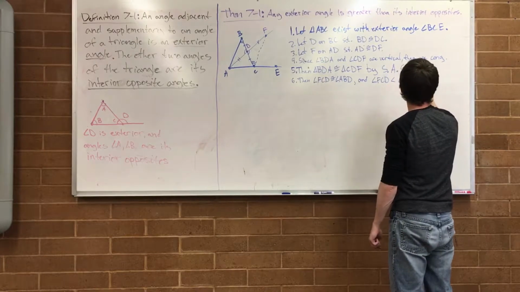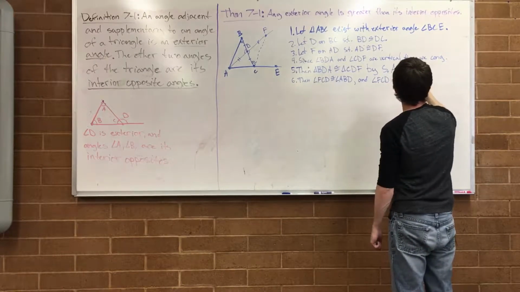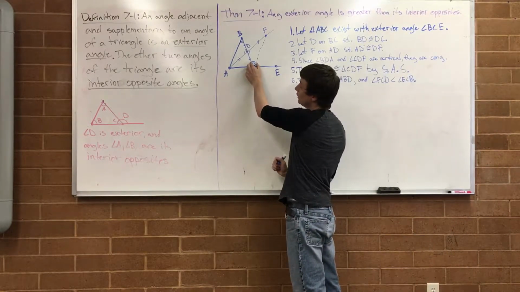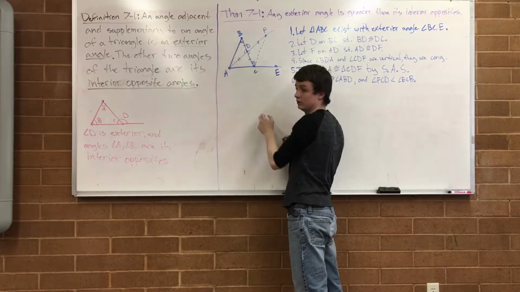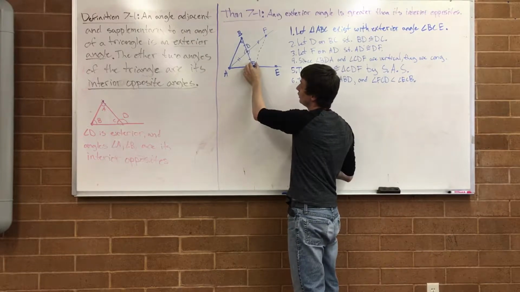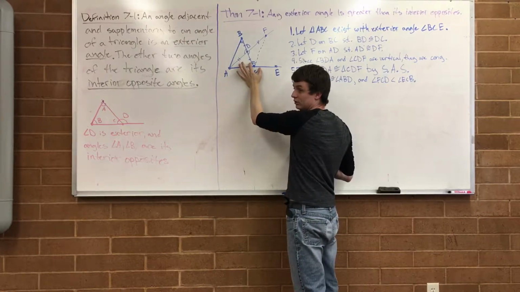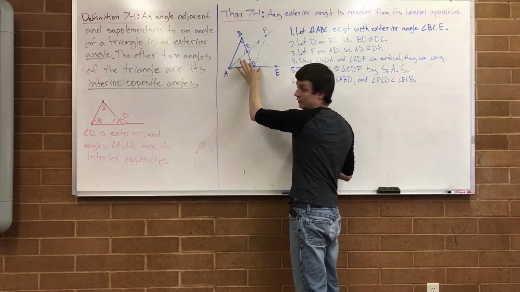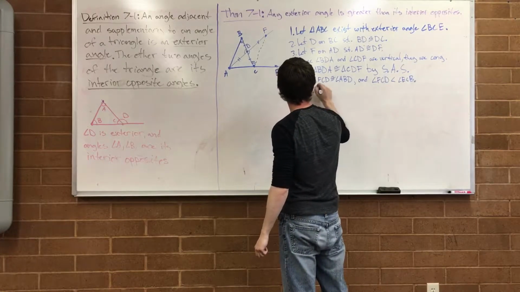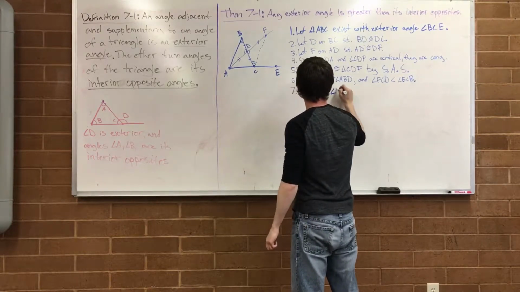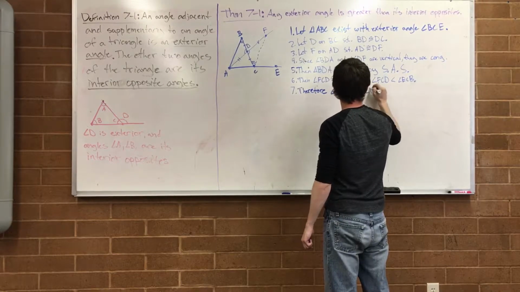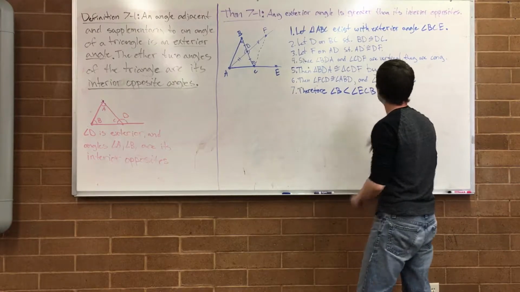Well, we'll say ECB because that's what we've been referencing this whole time. Right? So this angle is congruent to this angle. And this angle is less than this angle. So this angle is less than this angle. Therefore, angle B is less than angle ECB. And we're done. That's what we were trying to show.